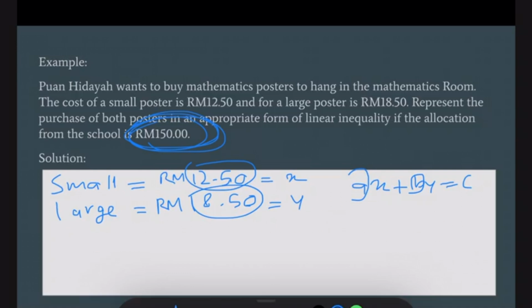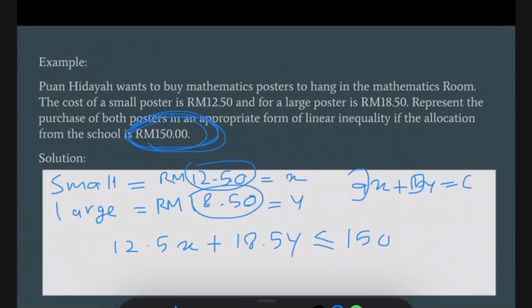So we put 12.5x plus 18.5y is equal to 150. Not equal, you cannot say it is equal, but we make it less than or equal to 150 ringgit.